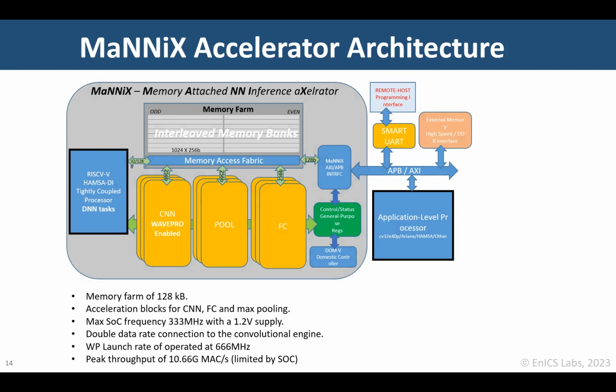Since convolution, at least for vision use cases and so on, is by far the most compute-consuming and power-consuming, we have integrated the WavePro technology into the CNN engine.